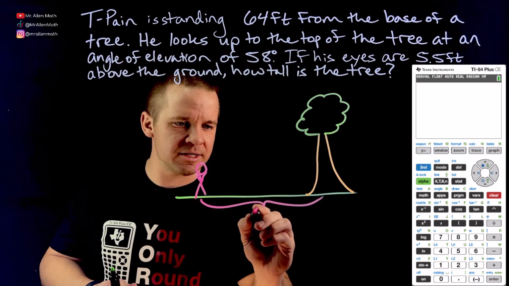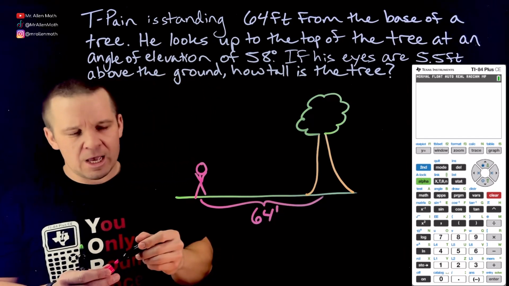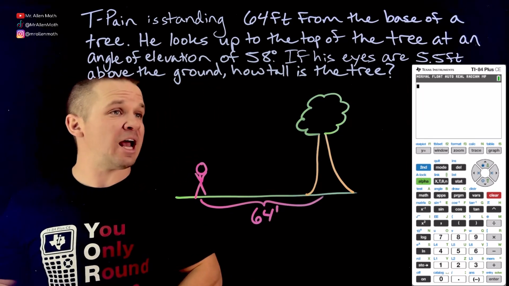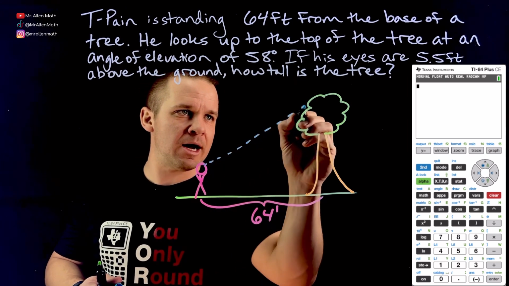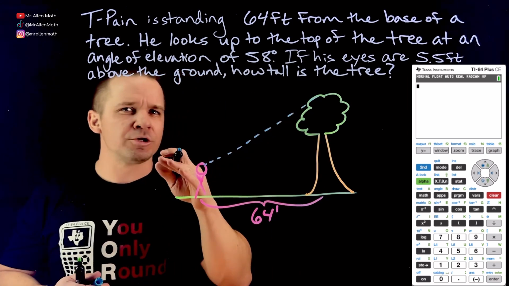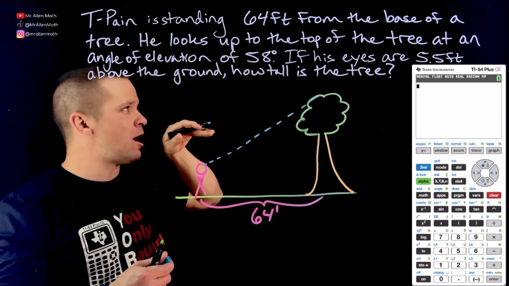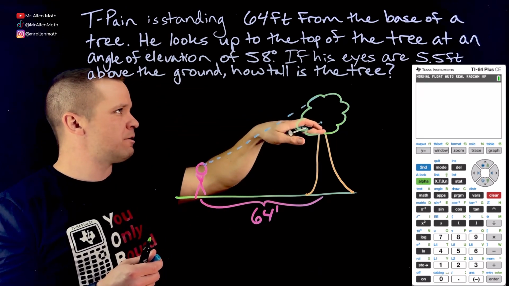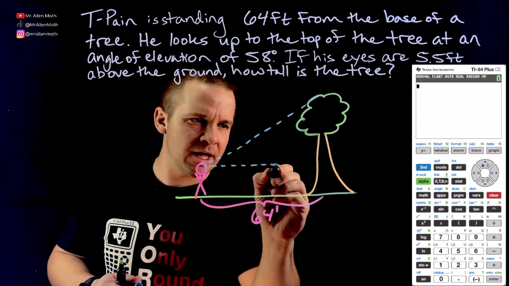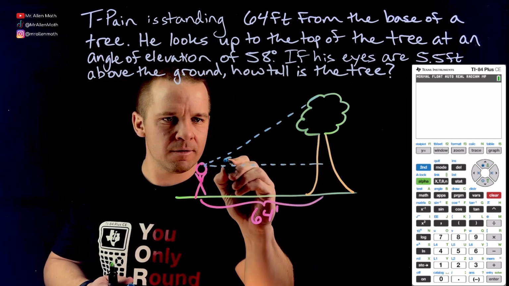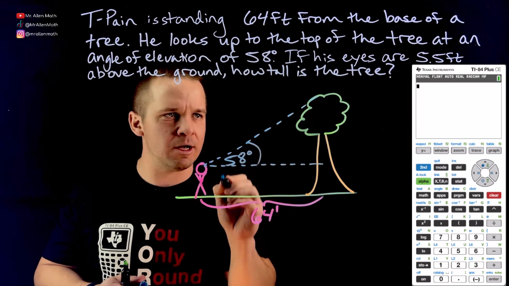So that made this like 64 feet. And then he's observing an angle to the top of the tree of 58 degrees. That's from eye level. When we're talking about observing an angle, that's off of level. So straight ahead 0, and then we go up 58 degrees. So we'd need another line going like that, and this is 58 degrees right here.